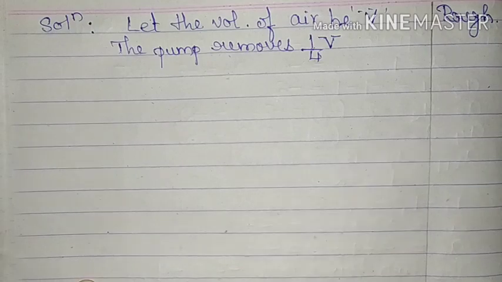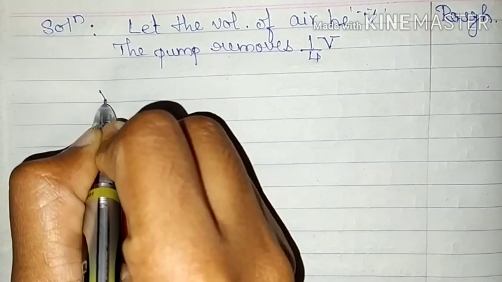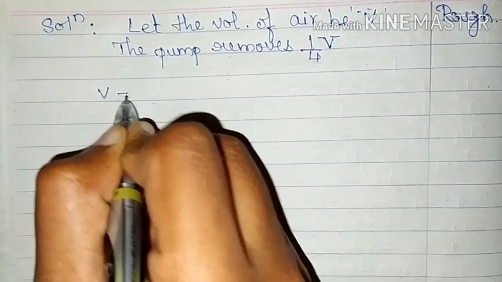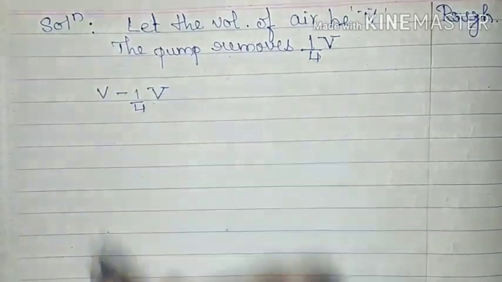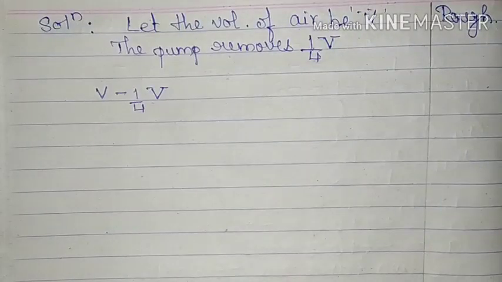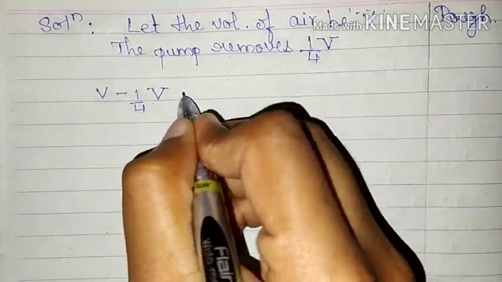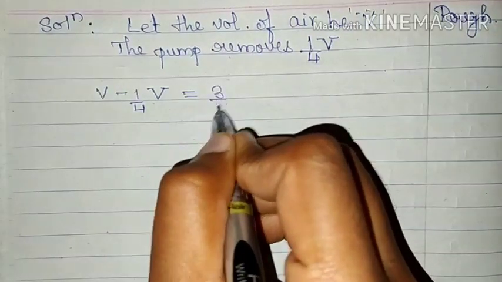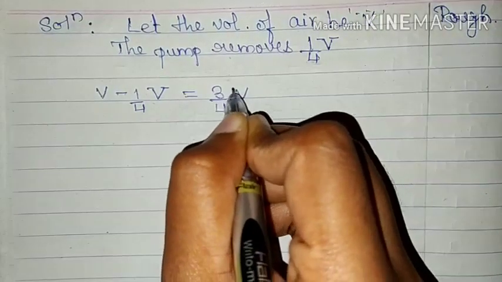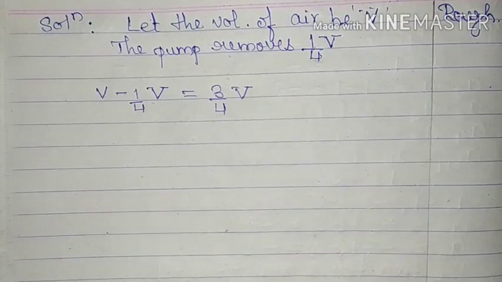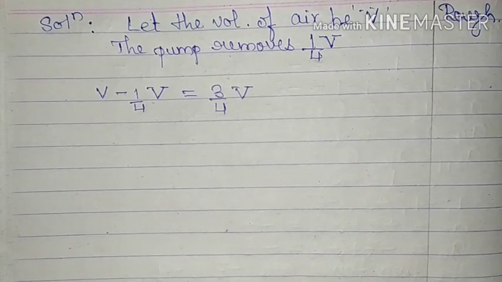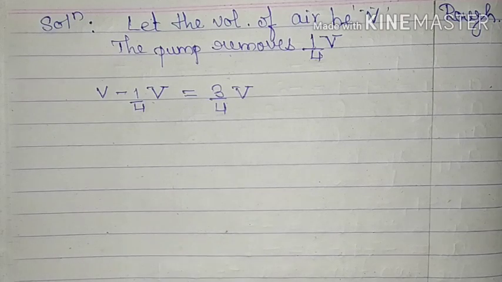So first, let us start with the first one. V minus 1/4 V will give us how much air is remaining after the first removal. How much will be the answer? It is 3/4 V. The amount of air remaining in the cylinder after the first pumping will be 3/4 times V. Agree?